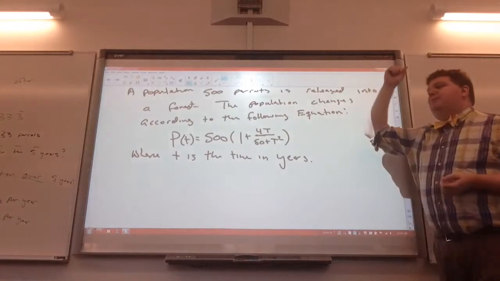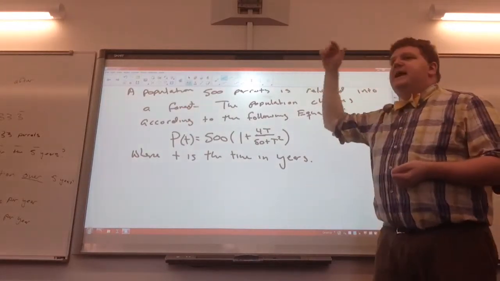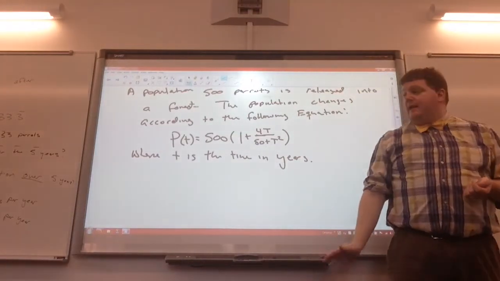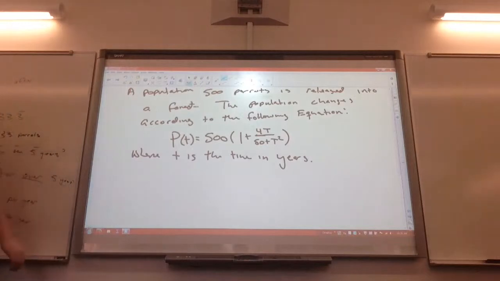You take the population after 5 years, subtract the initial population, and divide by the change in time. If we did that, we discovered that over 5 years, the average rate of change of the parrots was 26.6 parrots per year. That's what 133 divided by 5 gives us.